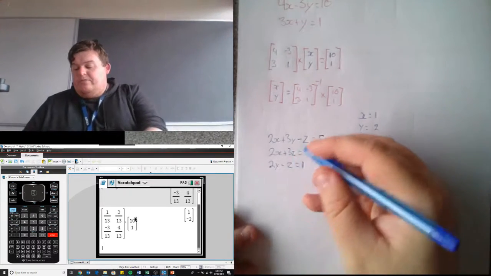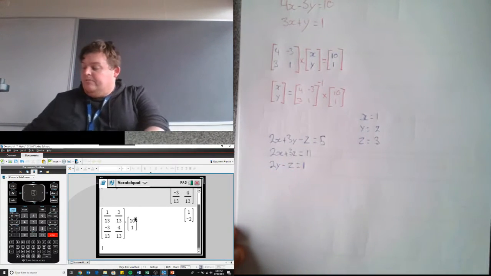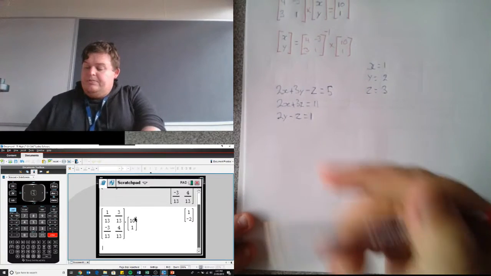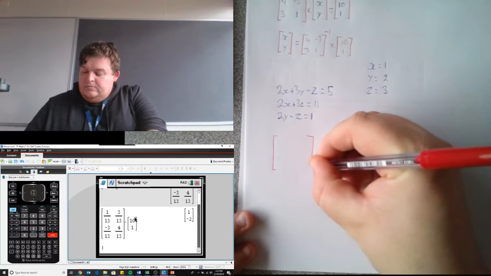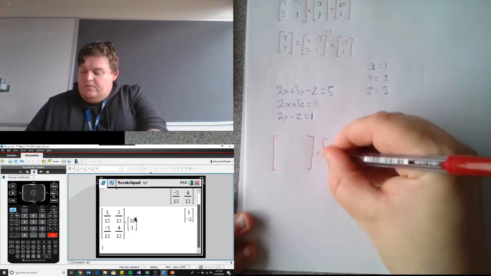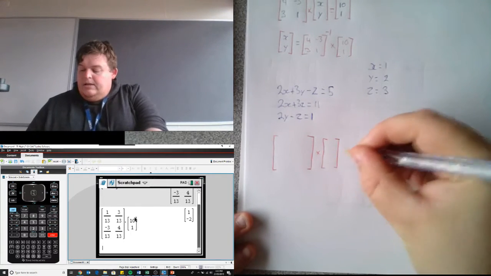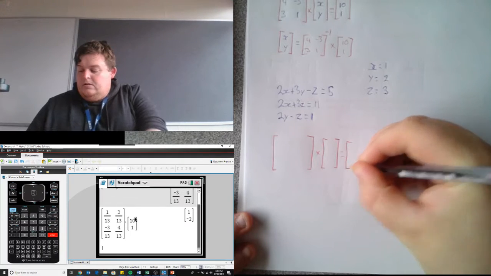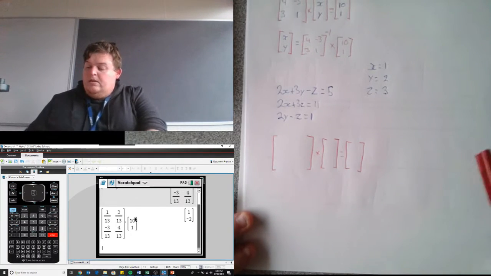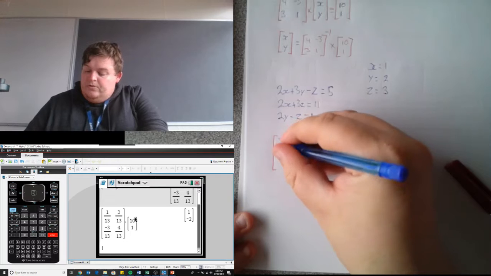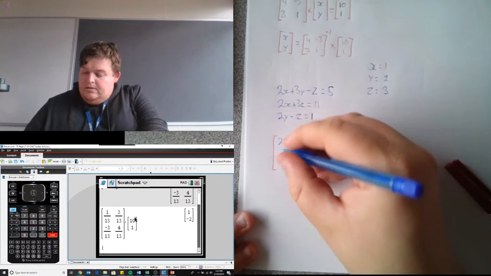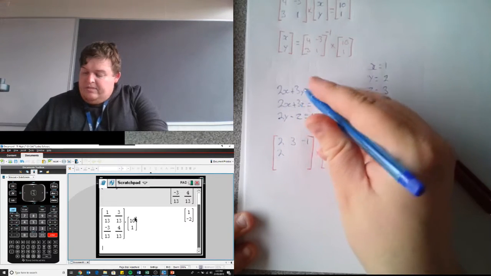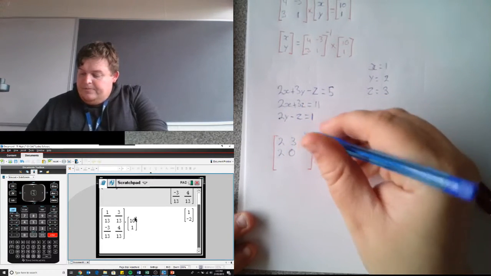This time we have 3 equations, so we need to make a 3x3 matrix. So we put it into matrix form again. We have 2, 3, negative 1. 2, this time there's no y, so we're putting in a 0.